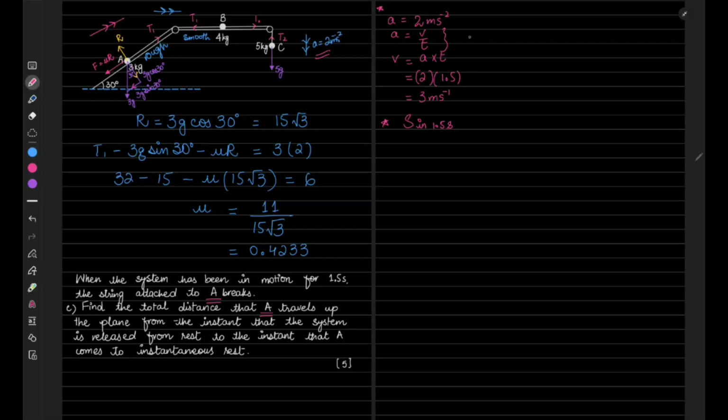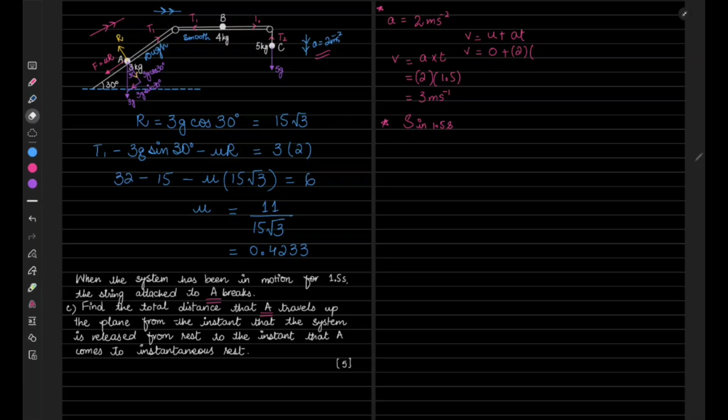What we have used here is not actually a equals to v over t, rather v is equals to u plus at, the same thing. Why the same thing? Because the system was released from rest, so u will be 0. Otherwise it's better not to use v over t because acceleration is not constant.